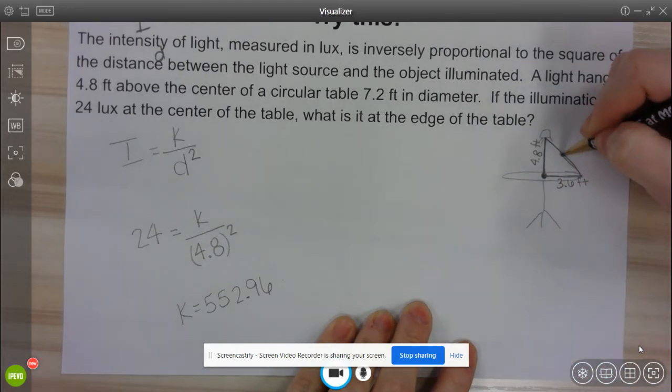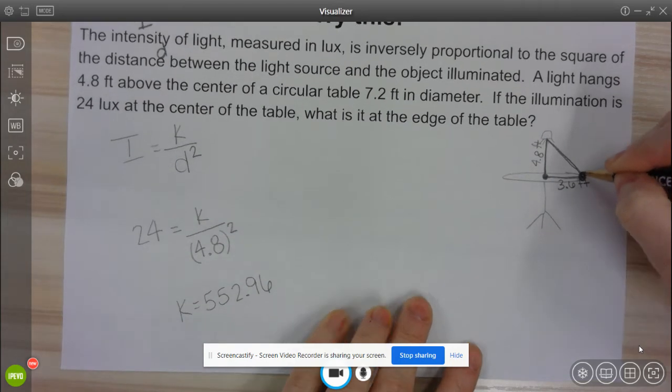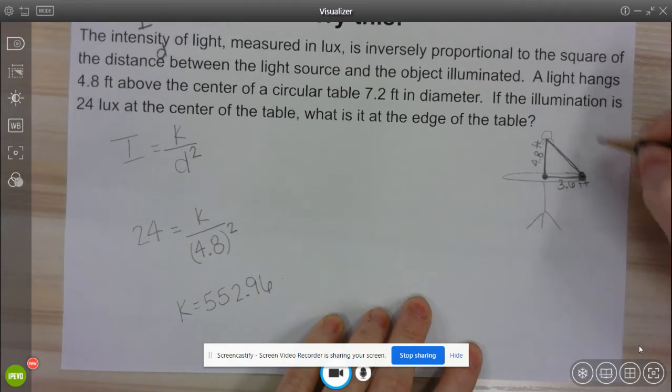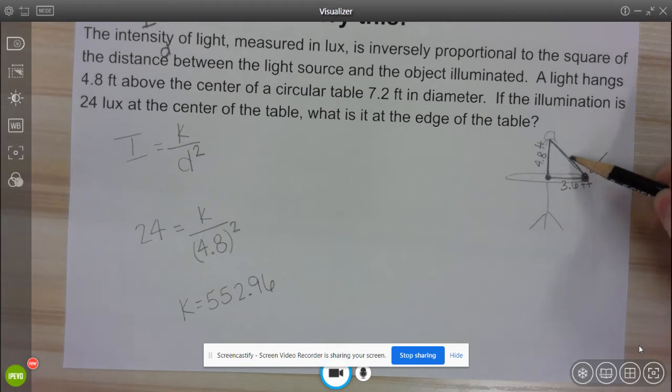This is the distance from the light to this point right here on the edge. This is the point that they want us to find. Okay. I don't know this straight line distance, so I have to use Pythagorean theorem.